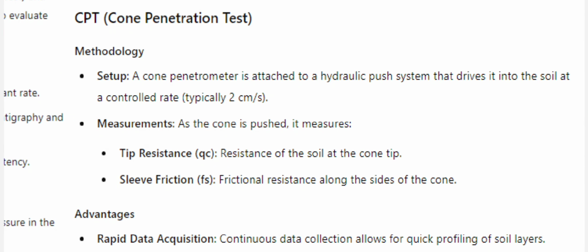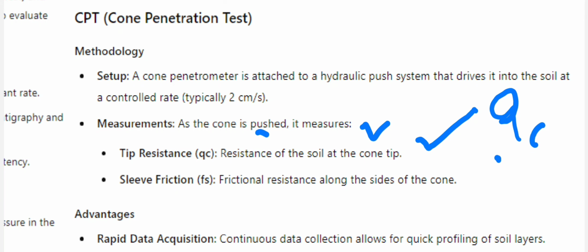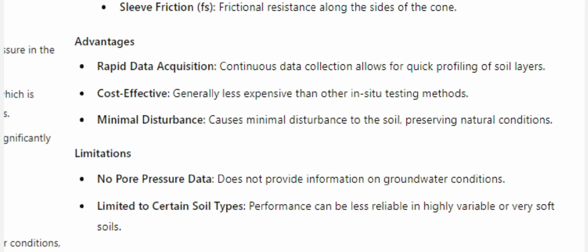Here we can see the methodology setup. The cone penetrometer is attached to a hydraulic pushing system that drives it into the soil at a controlled rate of 2 cm per second. As the cone is pushed, it measures resistance of the soil at the cone tip, that's qc, and sleeve friction, the frictional resistance along the sides of the cone.